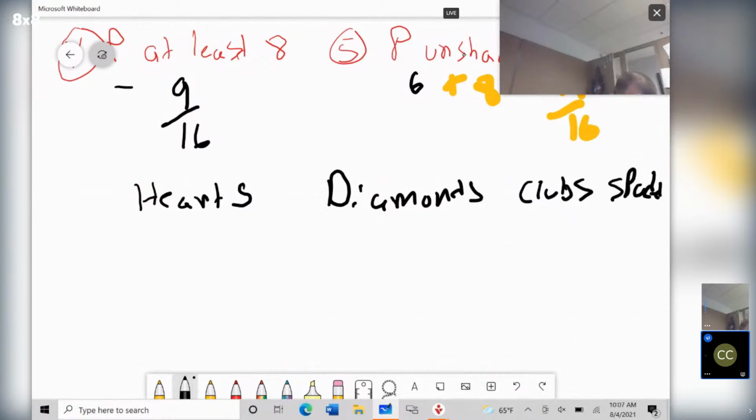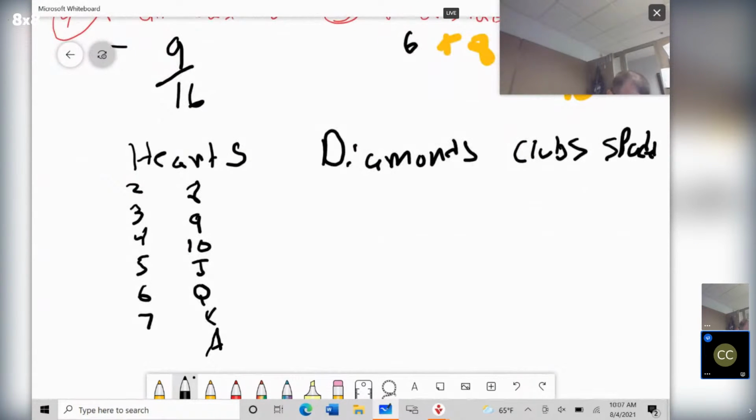And then in each suit, you have a 2, 3, 4, 5, 6, 7, 8, 9, 10, Jack, Queen, King, and Ace. So that's going to be 1, 2, 3, 4, 5, 6, 7, 8, 9, 10, 11, 12, 13. So each suit is going to have 13 different cards.